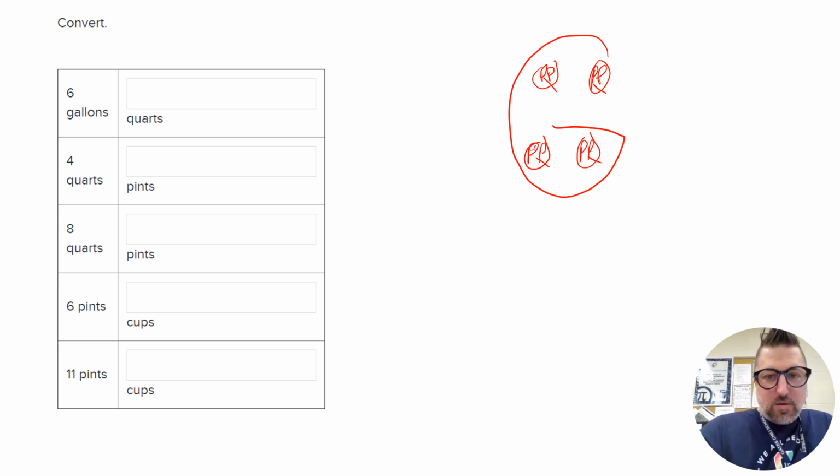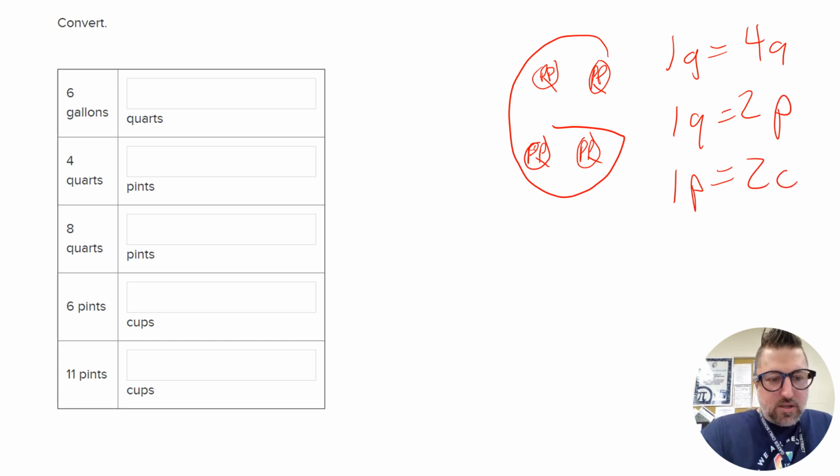All right, so to put that into words, I have 1 gallon equals 4 quarts. 1 quart equals 2 pints. 1 pint equals 2 cups. And I think those are the only conversions that I actually have to know in order to do this.